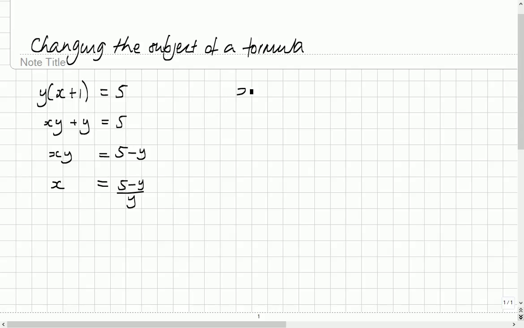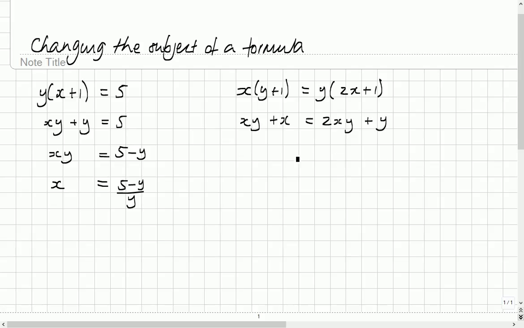Okay, so now we've got x brackets y plus 1 equals y brackets 2x plus 1. So we're going to multiply out the brackets first of all. That's going to give us xy plus x equals 2xy plus y.